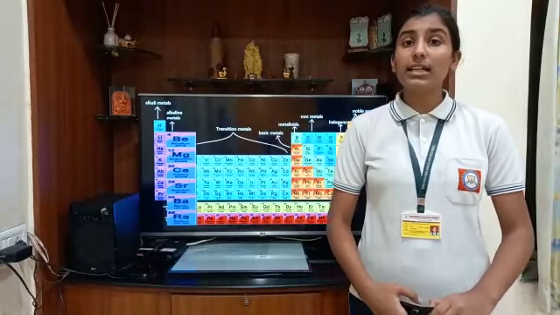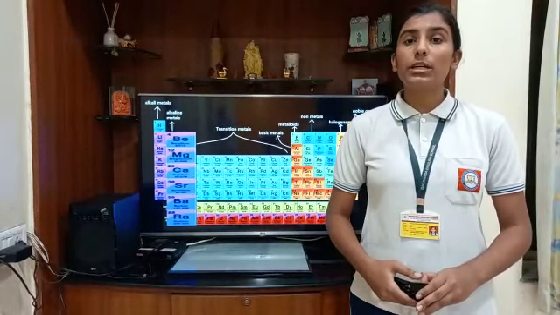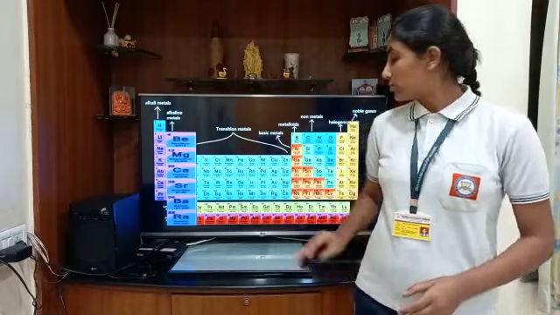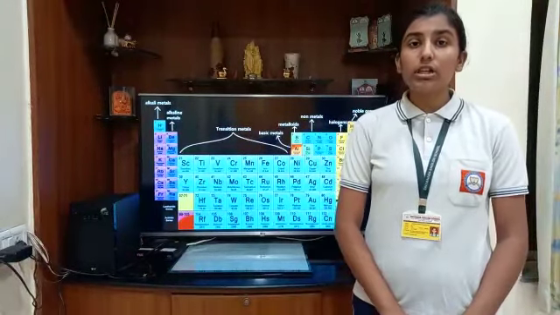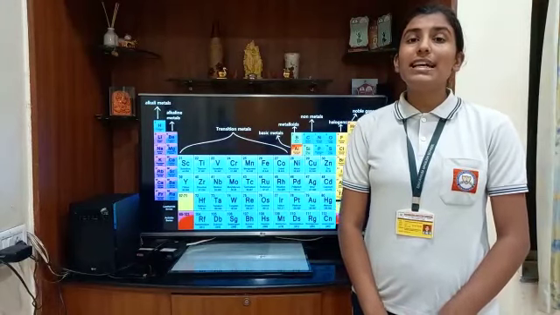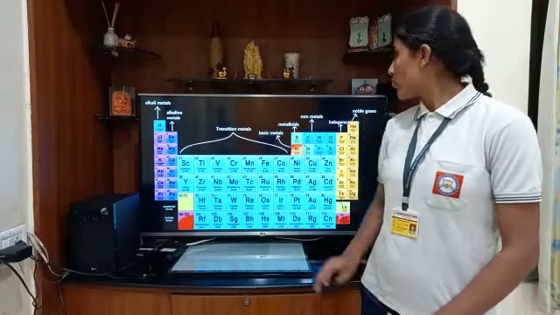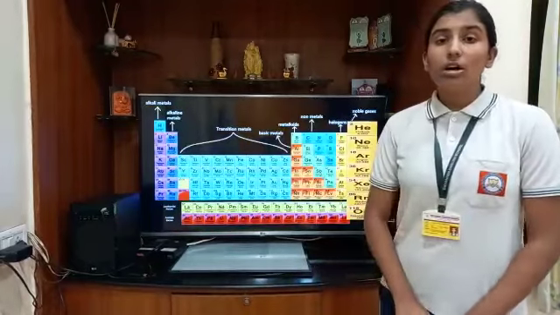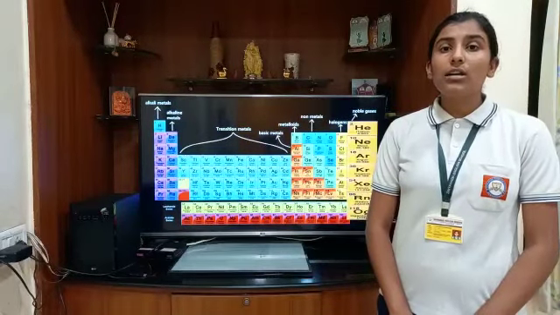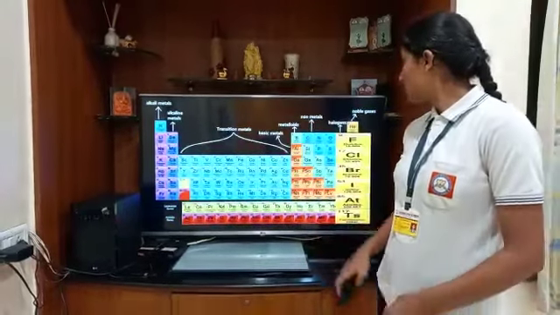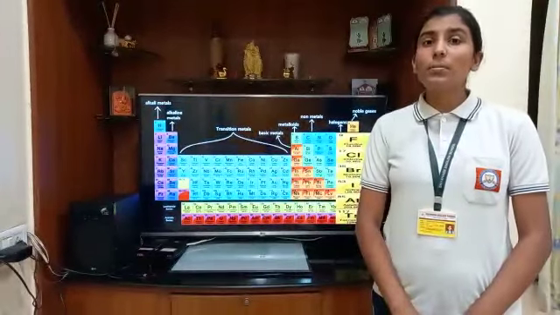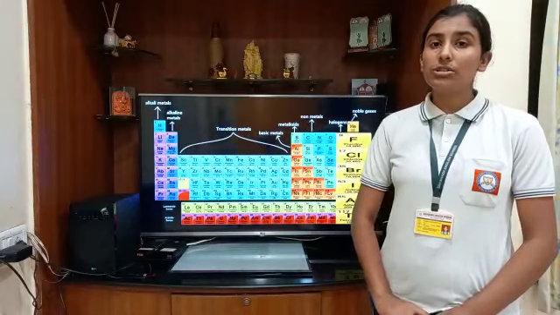These are called alkaline earth metals because they are obtained from the earth crust. The elements from group number 3 to group number 12 are all transition metals. All the elements in group 18 are called noble gases. The elements in group number 17 are all halogens.